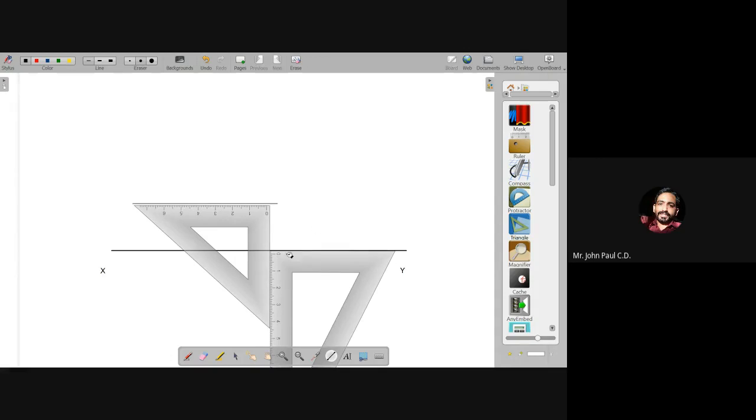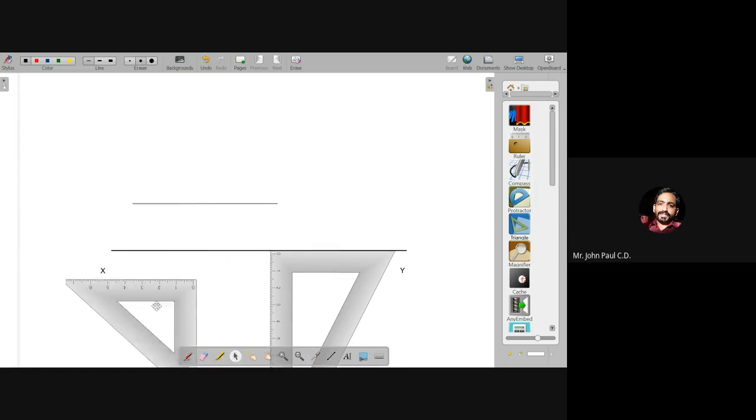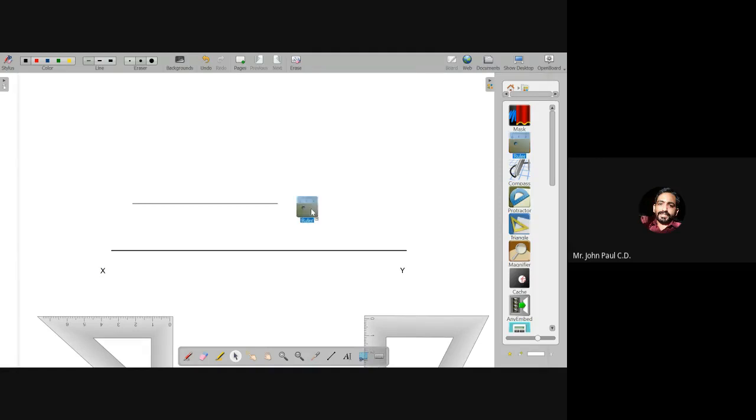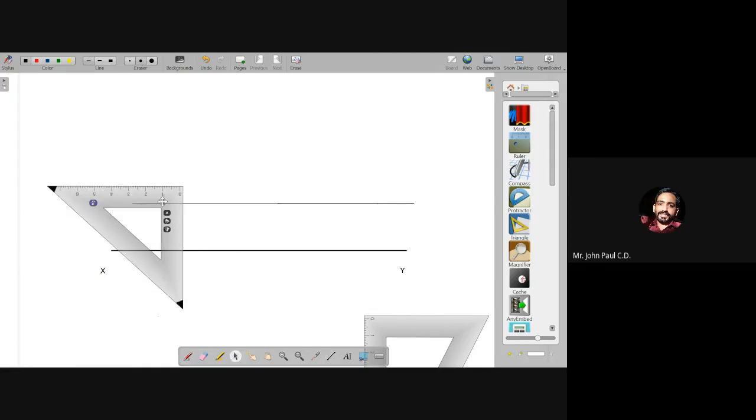After drawing this, I can change this one, or using a scale, I can extend that also. I can remove these things. This is gone, this is gone.